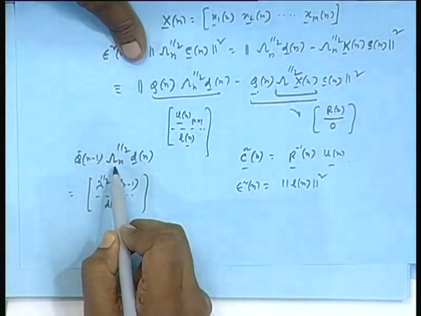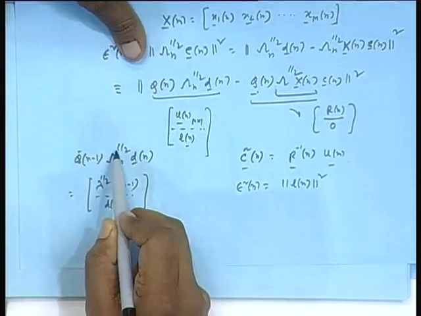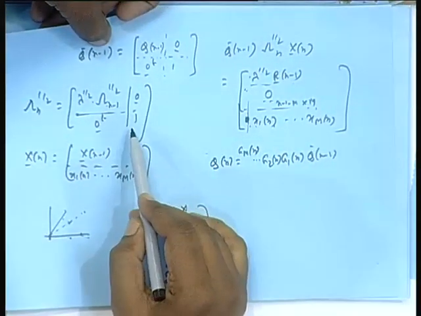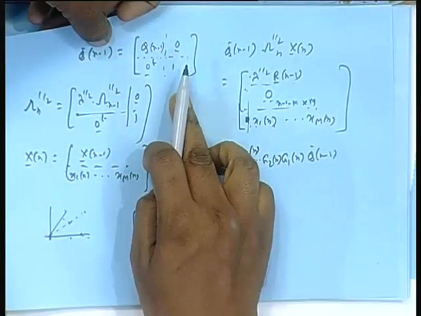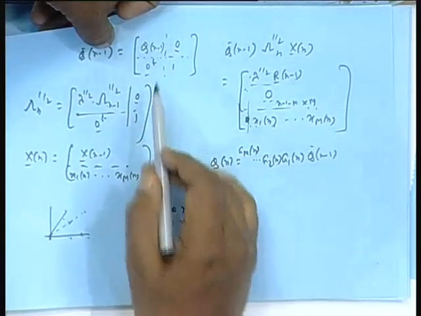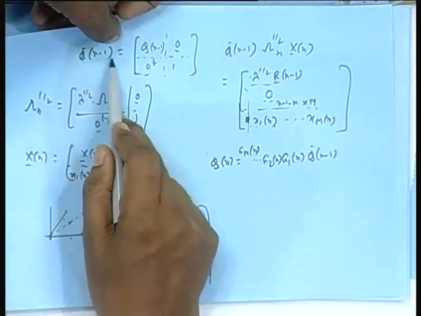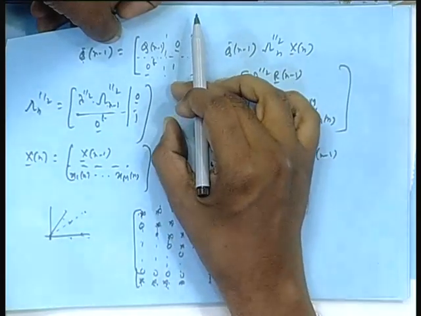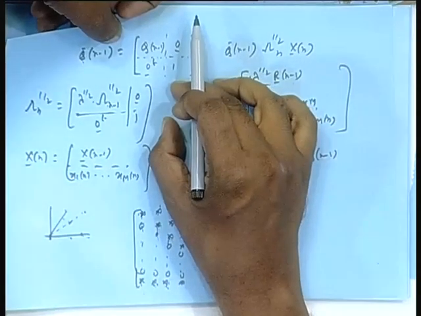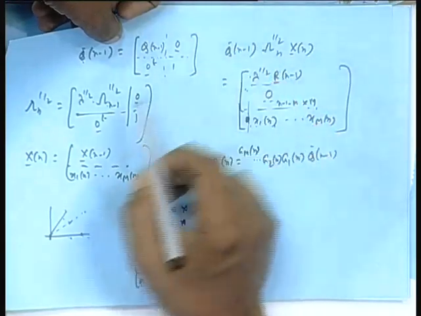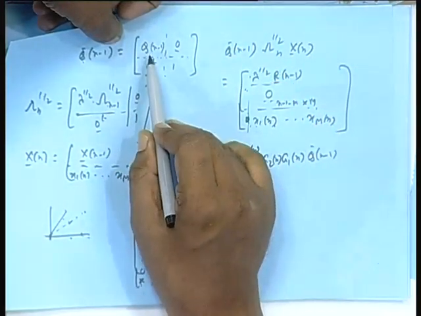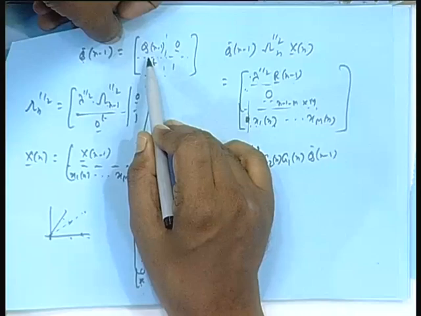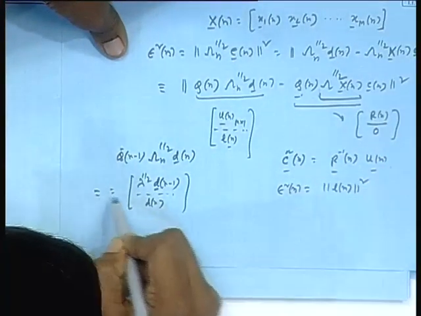This lambda n to the power half, as I told you, we can always write like this. What is it? Is it this times d n and q n minus 1 before that. So, this working on d n minus 1 and 0 times the last. So, forget the last entry. This working on d n minus 1, on that q n minus 1 works. So, there will be q n minus 1.